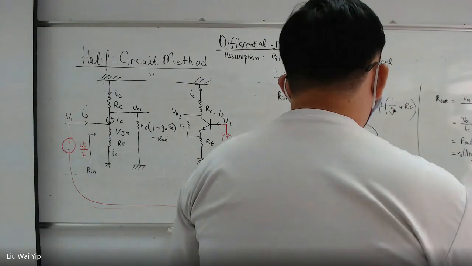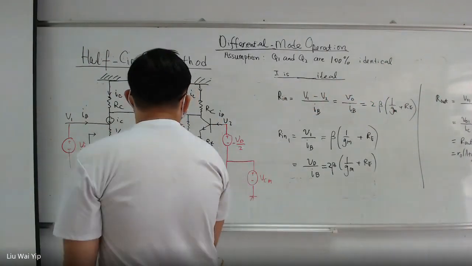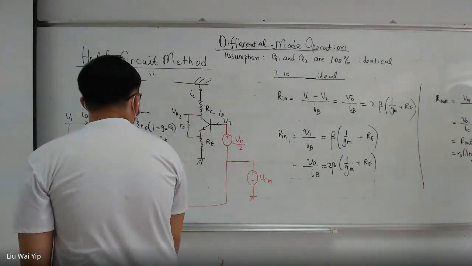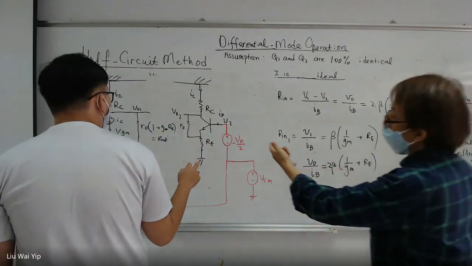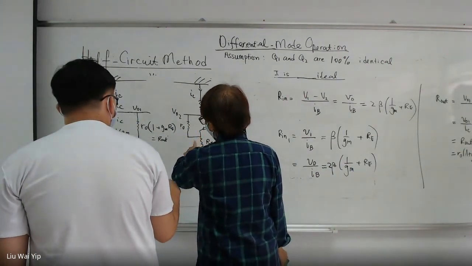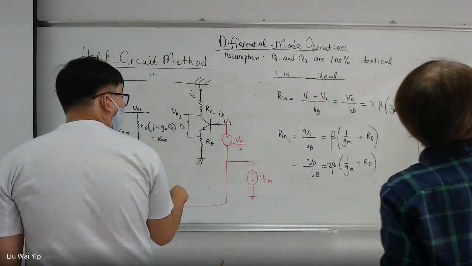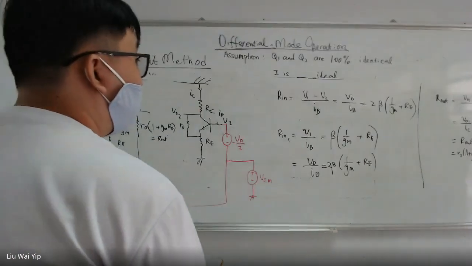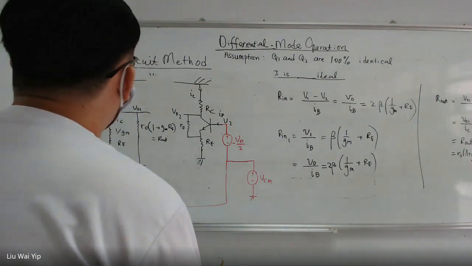And how about the minus, the right branch? The same, we are going to use the same trick. This one connected to here. So if you are talking about the differential output impedance, it's 0.